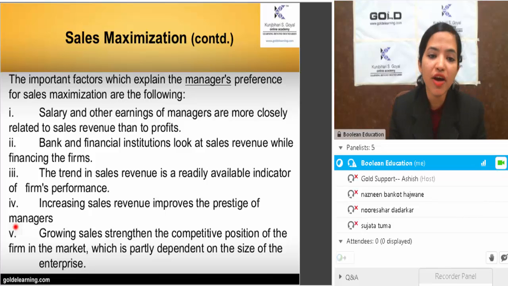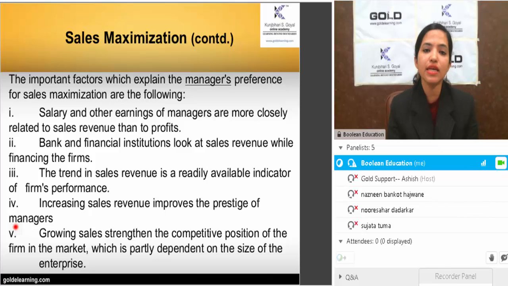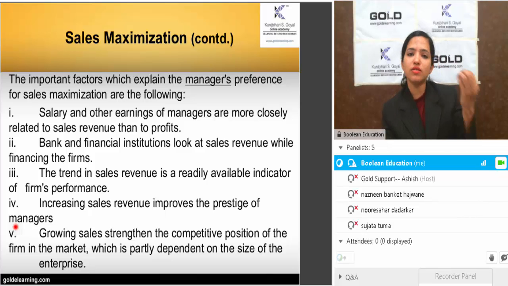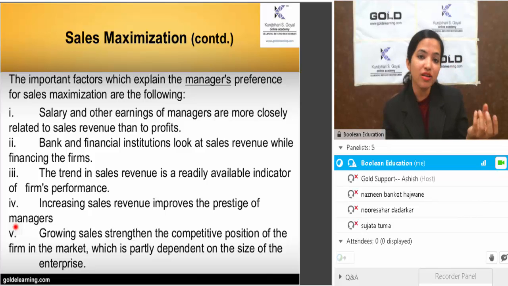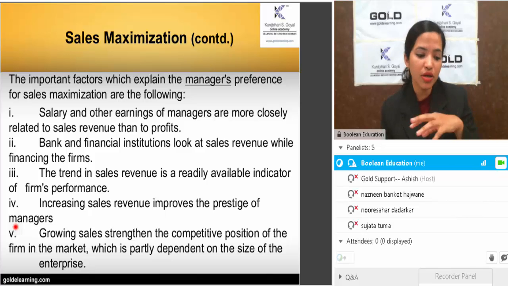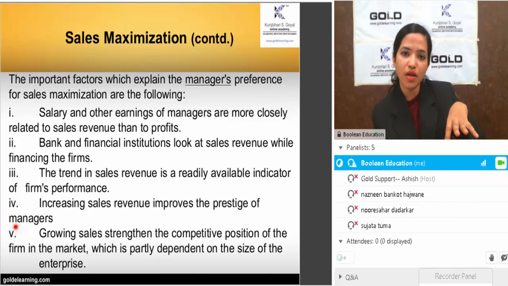So, the important factors which explain the managers' preference for sales maximization are the following. This concept basically came because of the managers. Entrepreneurs are just the owners, they are concerned with profit, but managers are not the owners, they are concerned not with the profit but with other things of the firm, right?